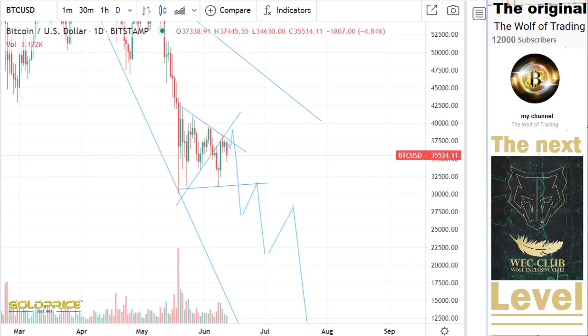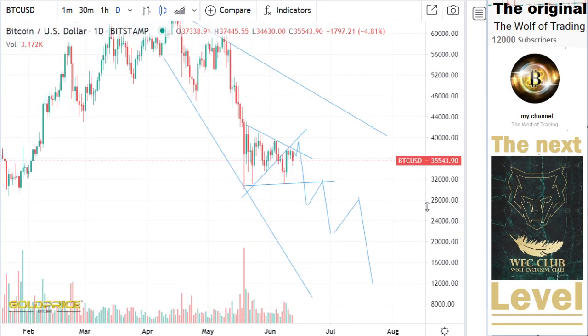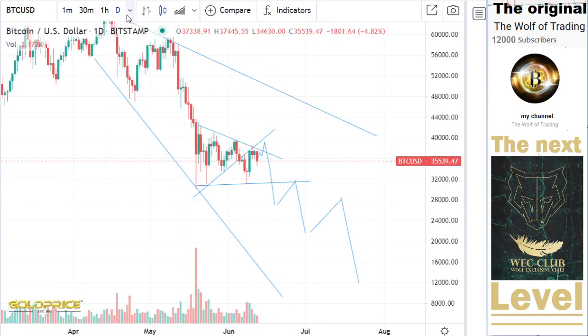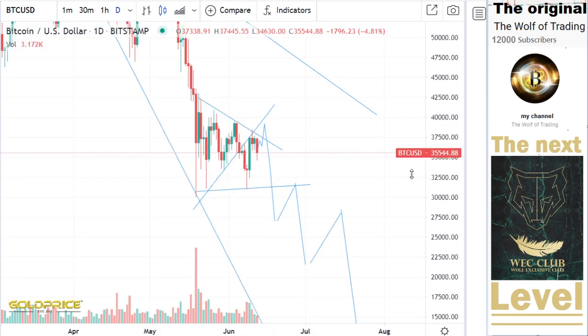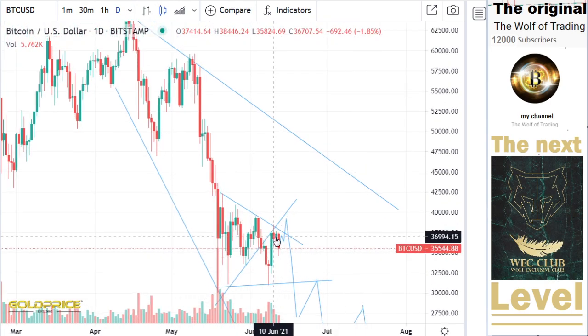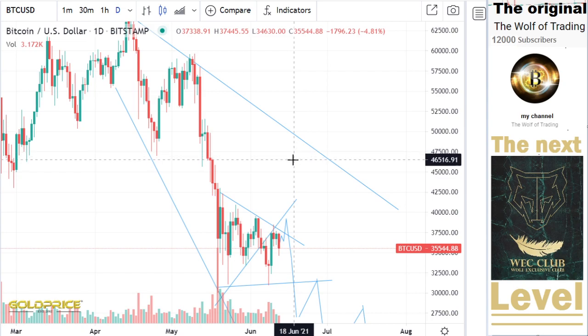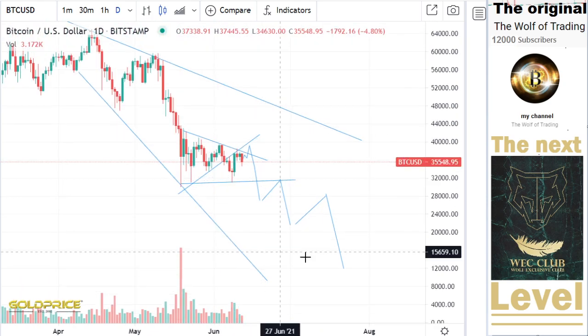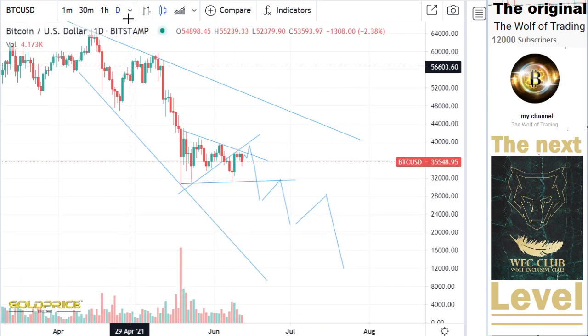So let's look at the Bitcoin price. Here is important. If we come into these areas here, then it is danger. Yeah. Next week is very important. If you have the possibility to break this to the top side here, only this here, going to 40,000, then you can forget all what I show you. Yeah.